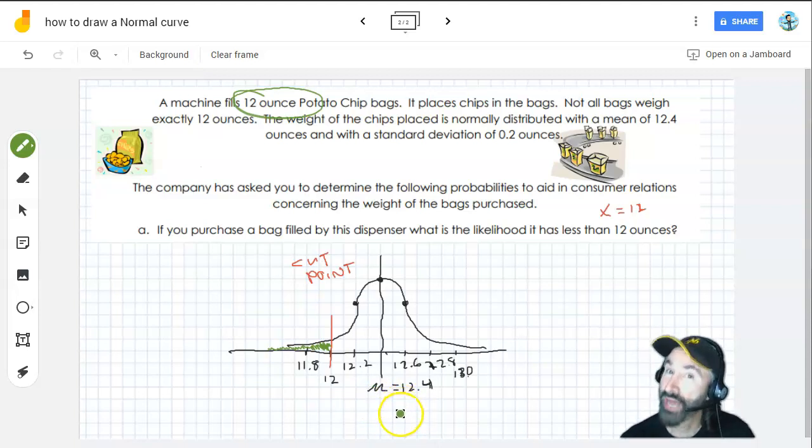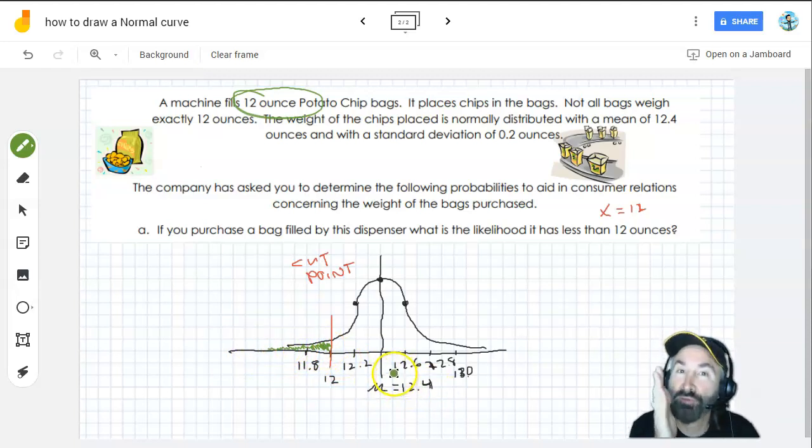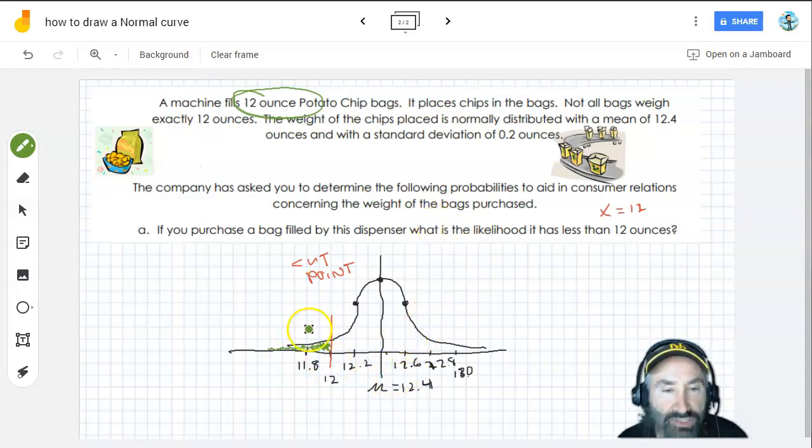That would not be a good thing. So in our case, we'd like to find out the probability that they would get less than 12 ounces if we were shooting for 12.4. In other words, we're trying to be generous because even though we know there's variation, we want to make sure that most people are not going to get ripped off. So let's see what the percent is going to be over here.